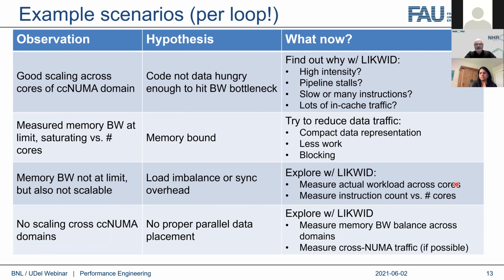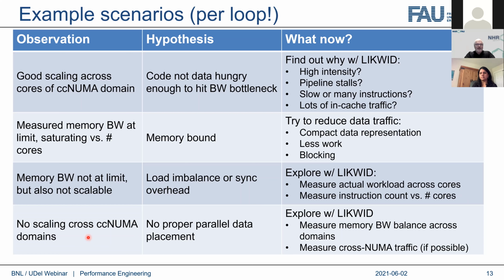I could use it to measure the actual workload across cores to see if there's really a load imbalance. And I could measure the instruction count versus number of cores. When the overall instructions versus number of cores goes up, this means there are more instructions executed as I execute on more cores, and this indicates usually some kind of synchronization overhead problem.